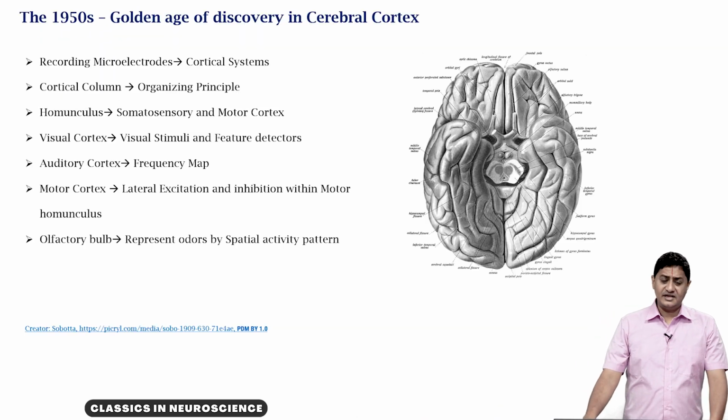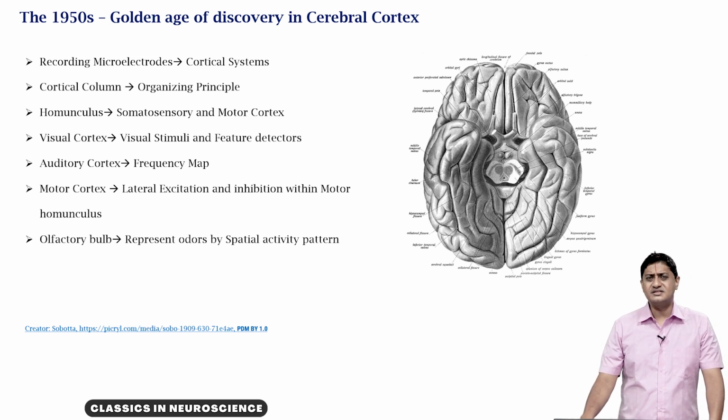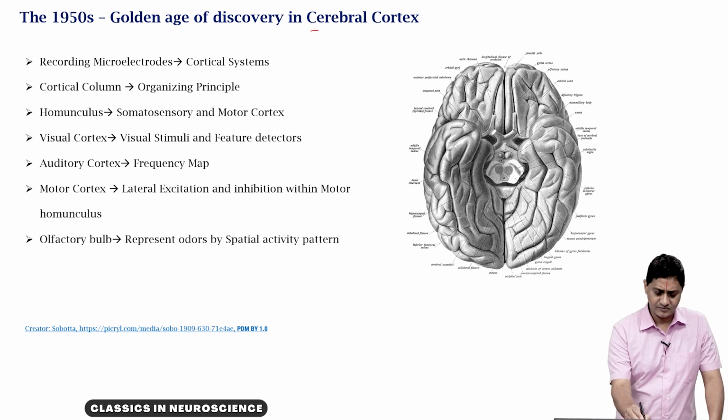Remember, the 1950s were the golden age of discovery in the cerebral cortex. It was a golden age of discovery in many regions of the central nervous system, and many neural circuits were discovered or uncovered in the 1950s, but also in the cerebral cortex.